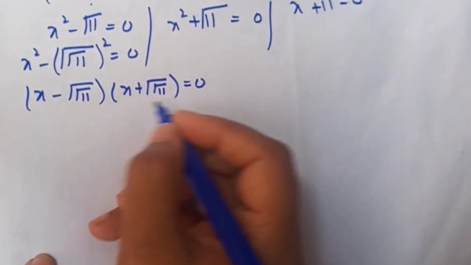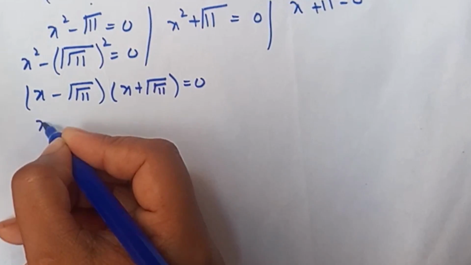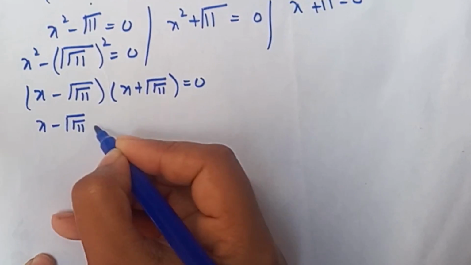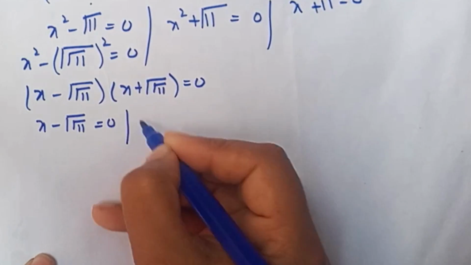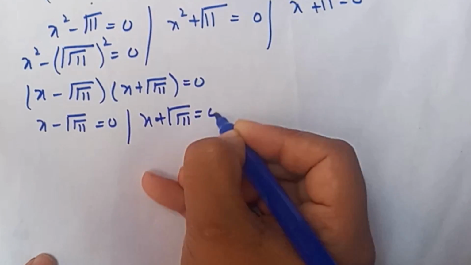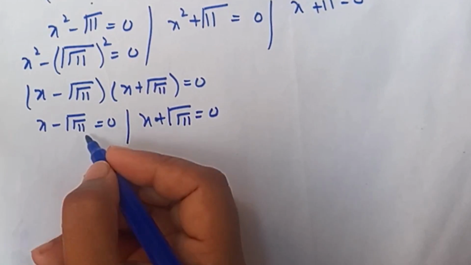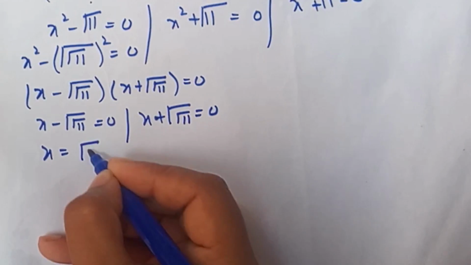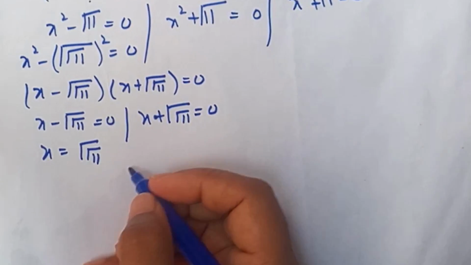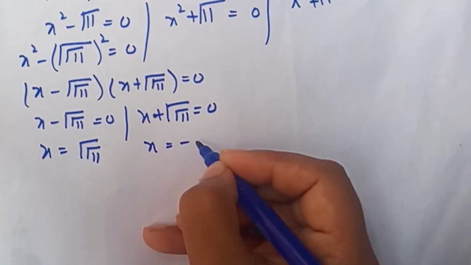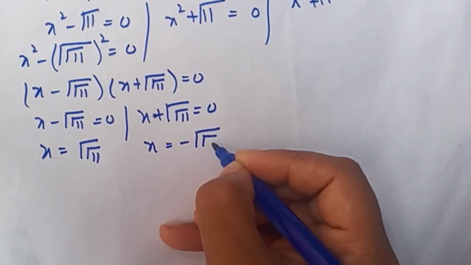So this implies one of them must be equal to 0. So x minus square root 11 is equal to 0, or x plus square root 11 is equal to 0. Now look at this. This implies x is equal to square root 11, and this implies x is equal to minus square root 11.